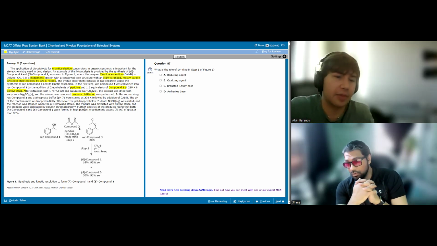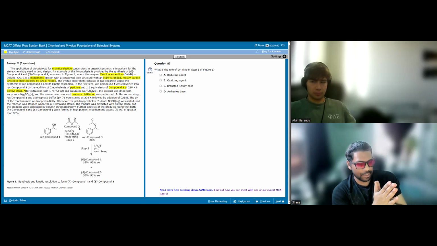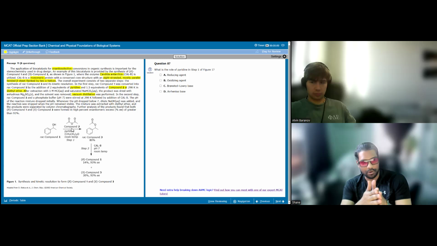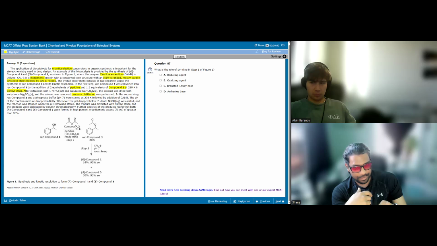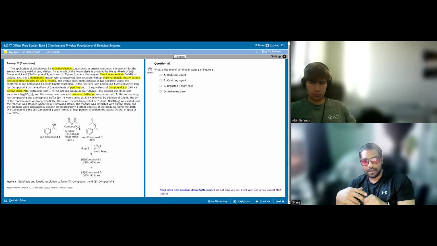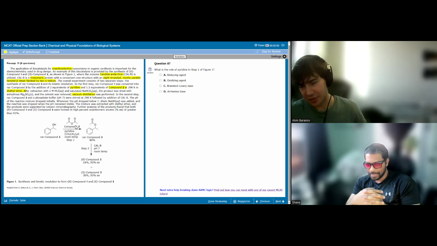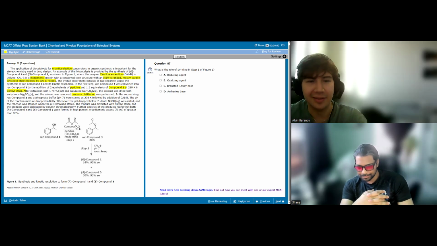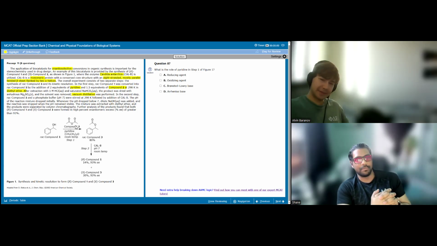Remember how you knew pyridine was going to be basic when you first started reading this? How did you know? I actually had an Anki card that literally said pyridine is a weak base. That's it. So now think about what that can mean.